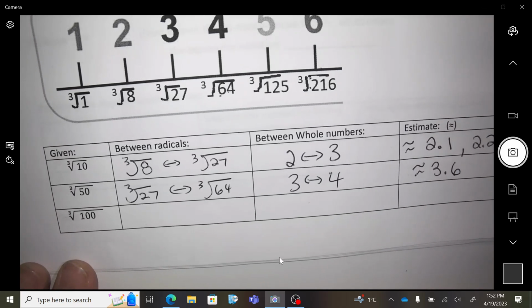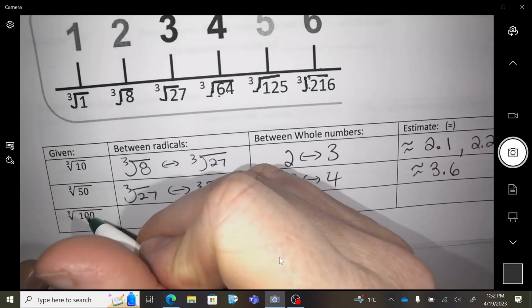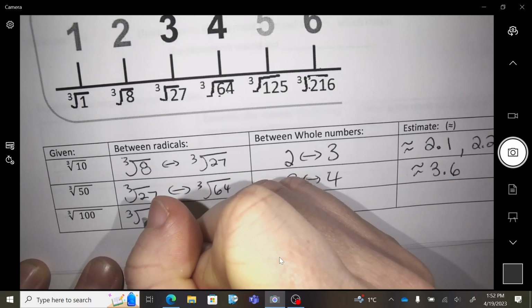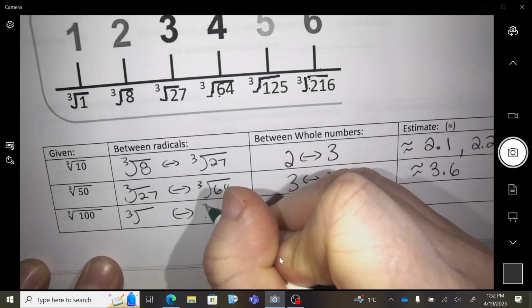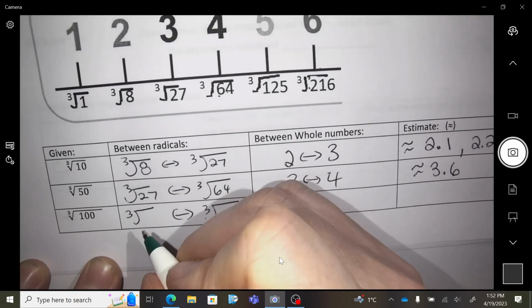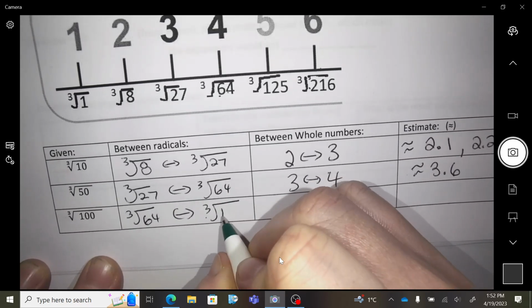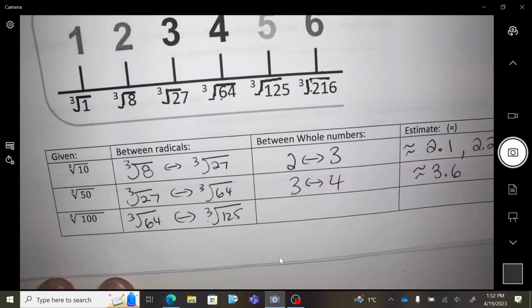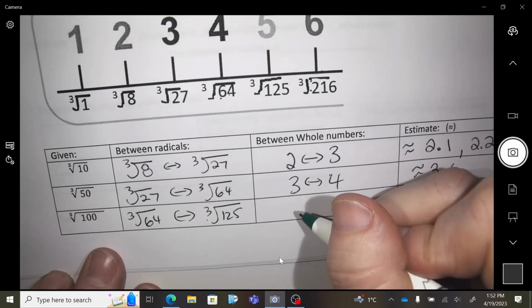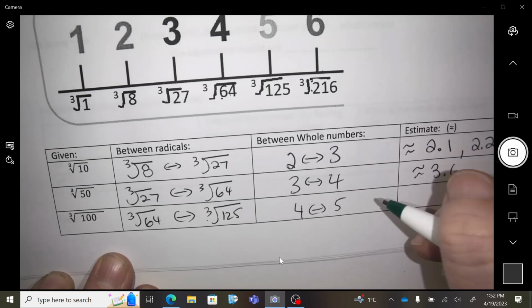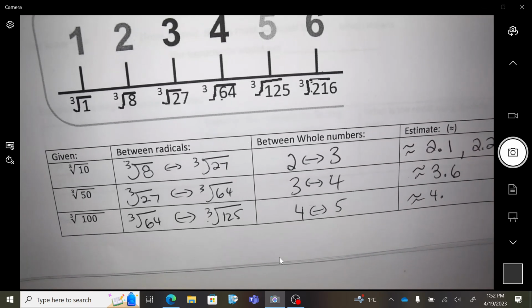Okay, the last one is the cube root of 100. 100 is between 64 and 125. So you're going to be between a 4 and a 5. So you're going to be 4 point something. Where do you think 100 would fall here?